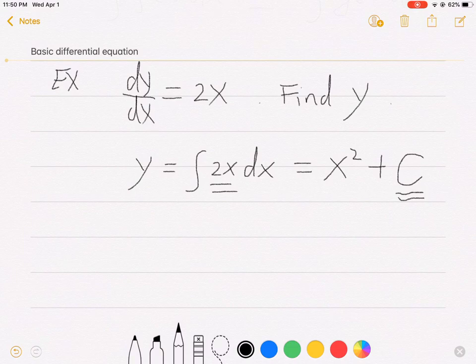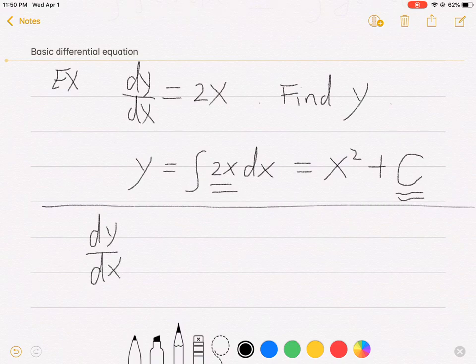If we have an equation which involves some derivatives, this kind of equation is called a differential equation.